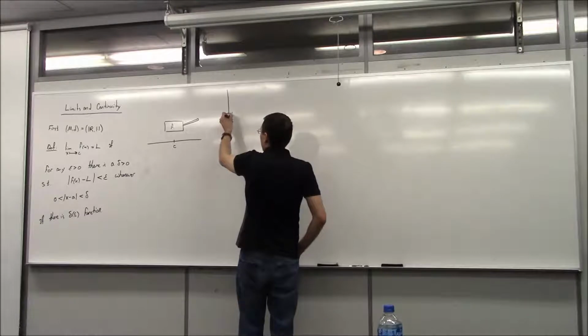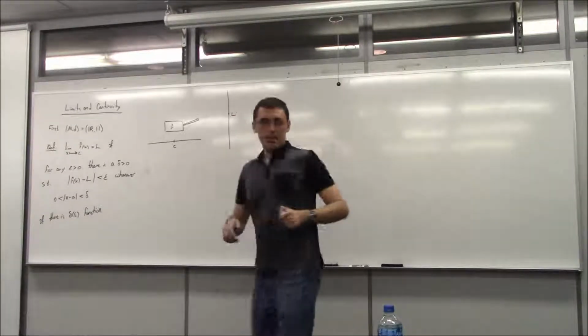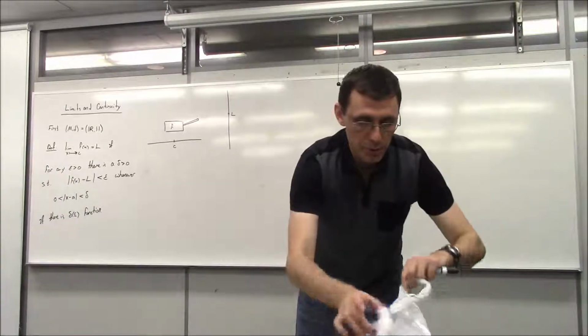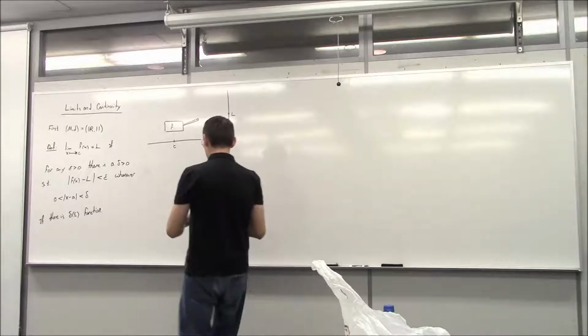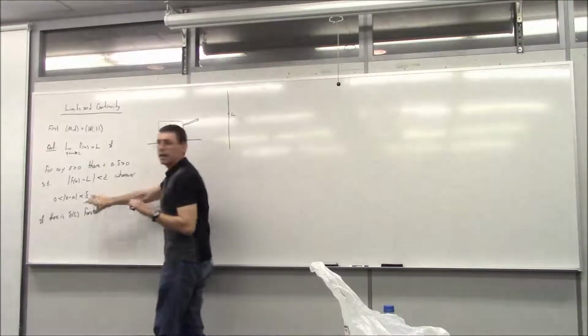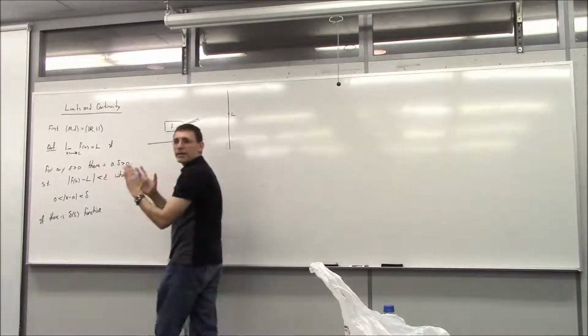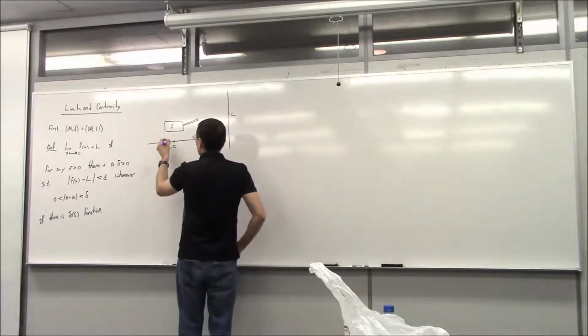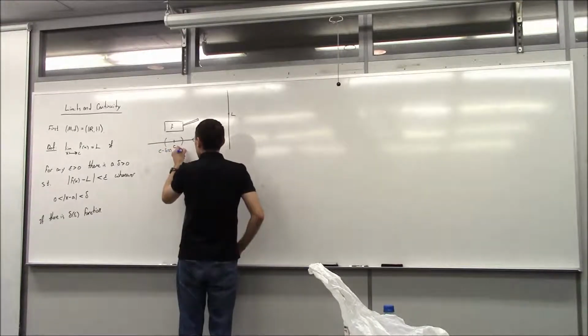Your target is to hit L, and you can control the input stream around c, and that's what delta is doing. Like a plumber, you are closing in the pipe, making it either very narrow or wide. So this here is c minus delta epsilon, c plus delta epsilon.